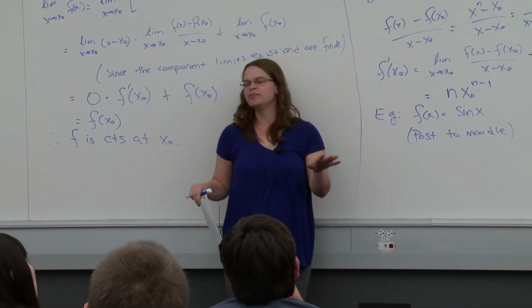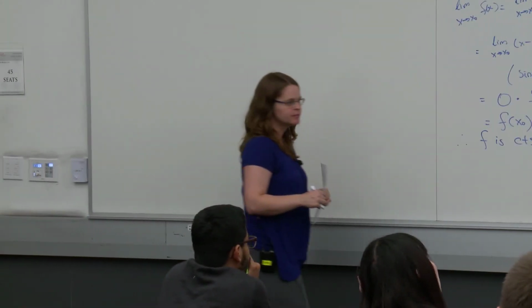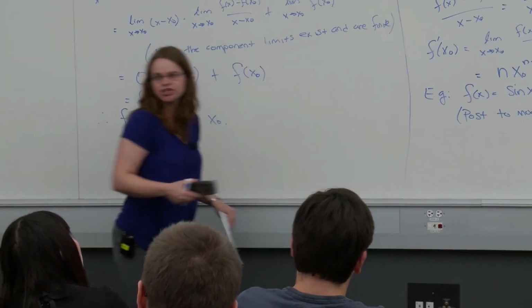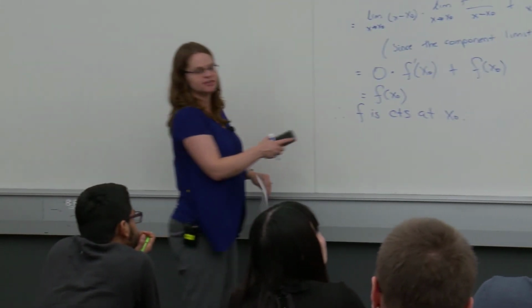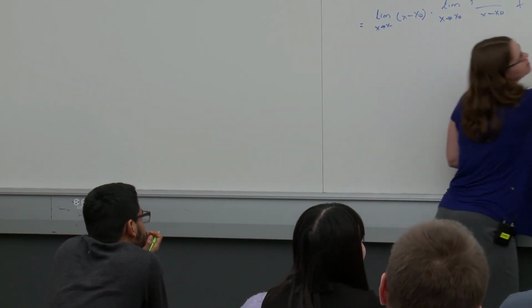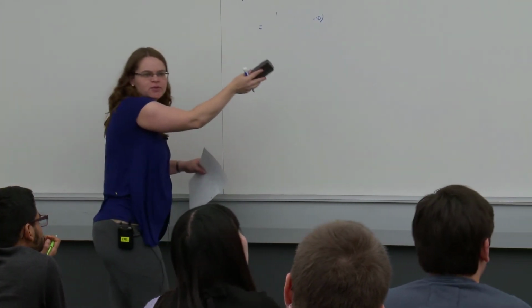If I just say, do something and don't tell you what method to use, then do whatever's easiest. Same deal with limits, right? If I say, compute this limit using the definition, I want to see epsilons and deltas. If I just say, compute it, then you can do what you like. And I recommend the simpler option, typically.